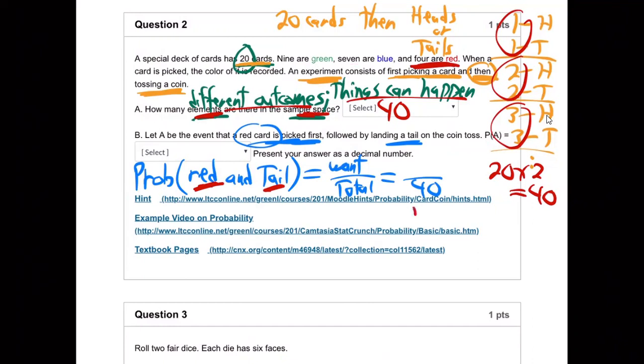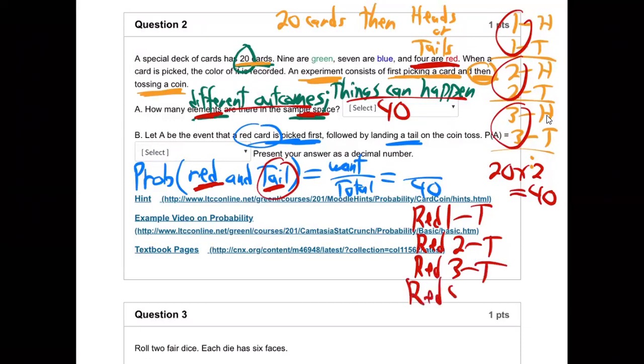So I could say, whatever, red card number 1 and a tail, or red card number 2 and a tail, because we want a tail, right? And a tail, at least on mine. Red card number 3 and a tail, or you could get red card number 4 and a tail. So there's 4 different things out of the 40 different things that can happen. 4 of them are a red card and a tail. One of the 4 red cards with a tail. 4 out of 40. Divide that in your calculator, it'll come out 0.10 or just 0.1.